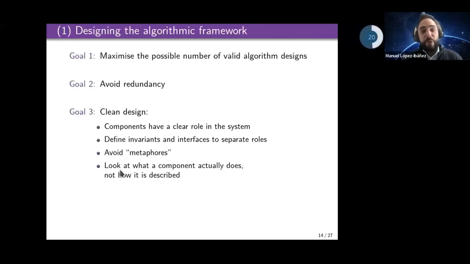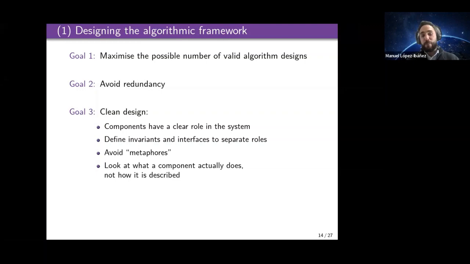So first, about designing the algorithm framework, I would say that this is one of the most challenging tasks if you are starting from zero, because you want to attain at least 3 goals. One goal is that you want to maximize the possible number of valid algorithm designs. First, you don't want to generate invalid designs because that's completely useless.